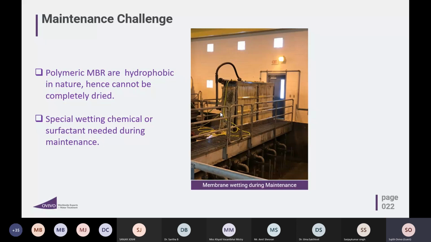And once the pores get collapsed, you have to replace those membranes. So you need to keep wetting, either with a chemical or just normal clean water, to ensure that the membrane is always wet.